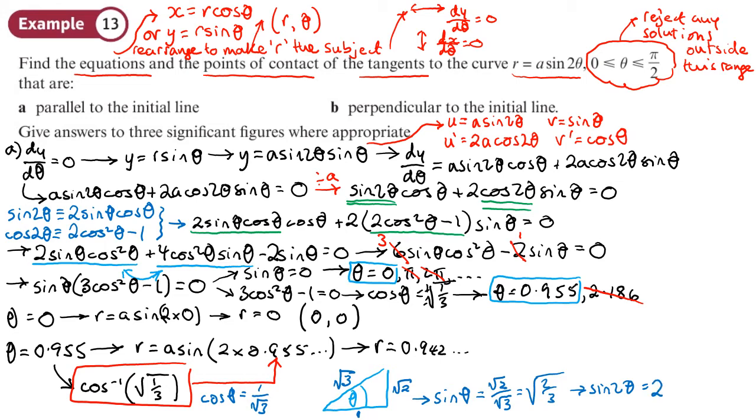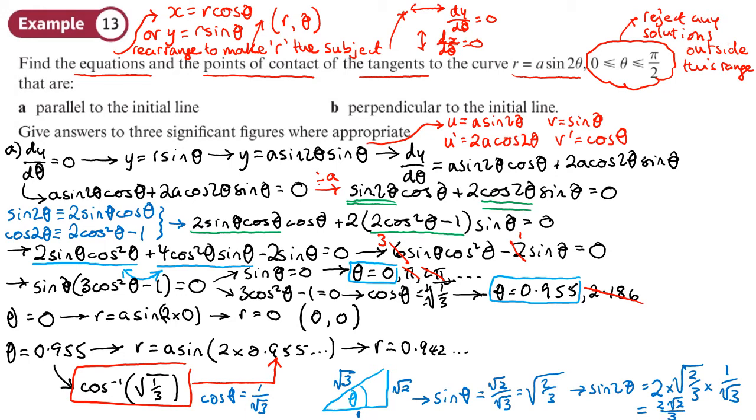So 2 sine theta, which is this, times cos theta, which is this. Now what does that give us for sine 2 theta? 2 root 2 over 3.